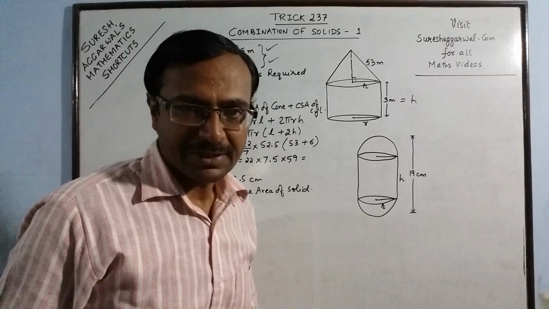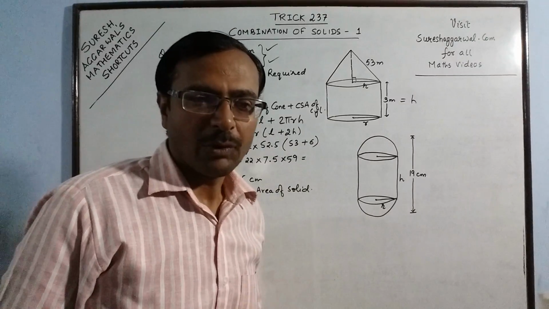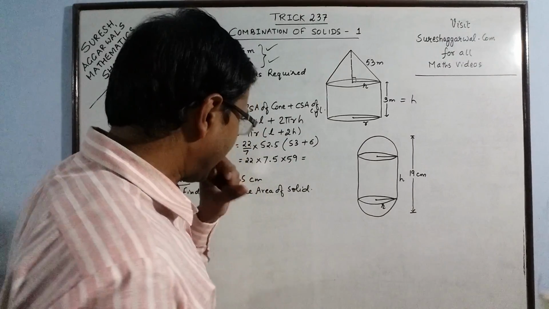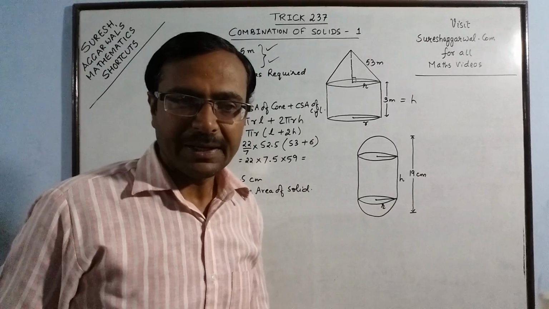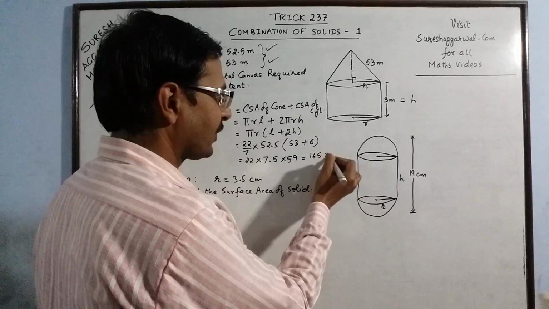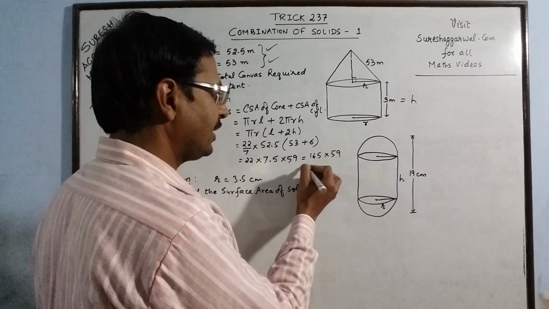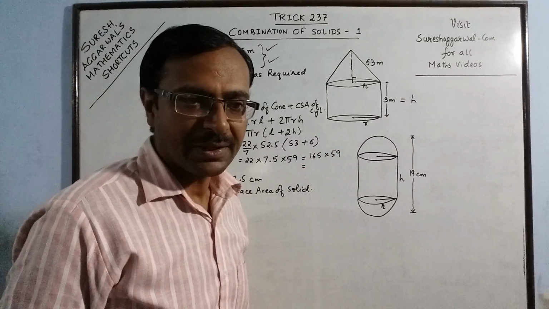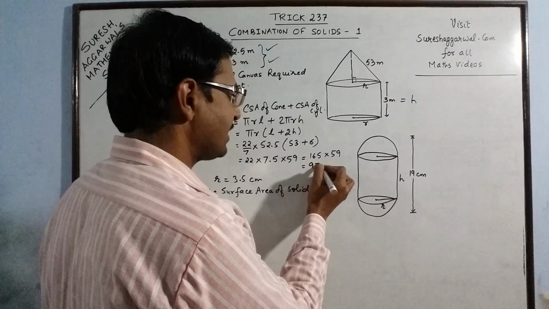You can make these calculations very easily. I have already calculated this for you. These two when multiplied together give you 165, and multiply by 59. So one more multiplication at the end to get the final answer.